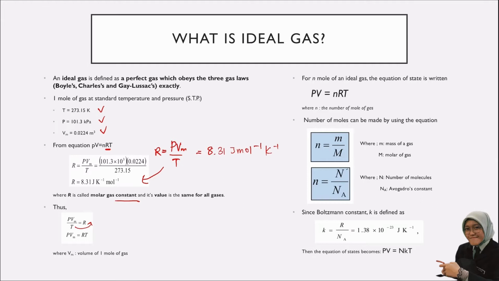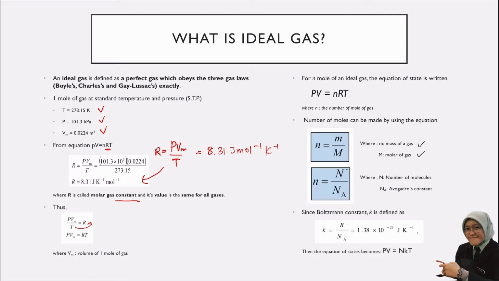The first one is n equals to m, which is mass of a gas, over M, which is molar mass of gas. Okay. So the next equation, we can also calculate the number of moles by using the equation n equals to N, which is number of molecules, over Na, which is Avogadro's constant.